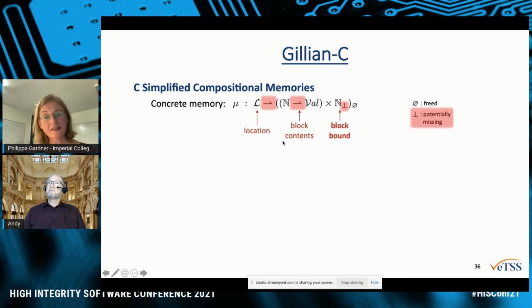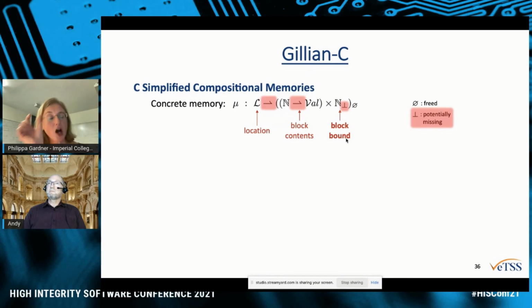And there's various places where you can have information that's missing because you're in compositional land. And what I mean by this, if we take a function specification, the function might be doing something like putting a value in a location and an offset, i.e. it's only working with that tiny location offset cell, doesn't care how big the bound is, and it doesn't care about the rest of the details of the bound.